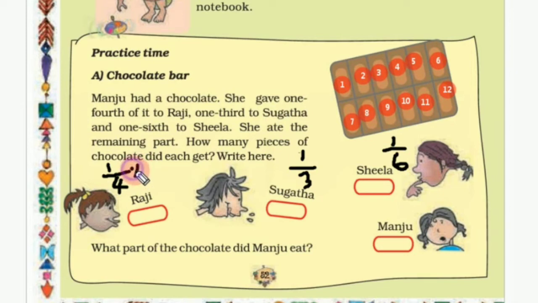Means 1/4 into 12. That means 12 into 1 is equal to 12. 12 divided by 4. If we divide 12 by 4, we will get 4 1s are 4, 4 2s are 8, 4 3s are 12. So Raji will get 3 pieces.